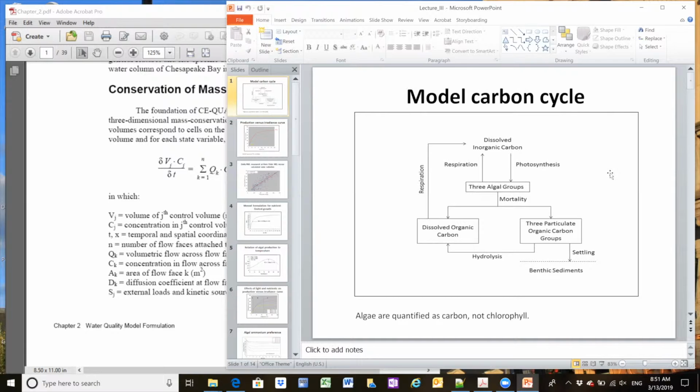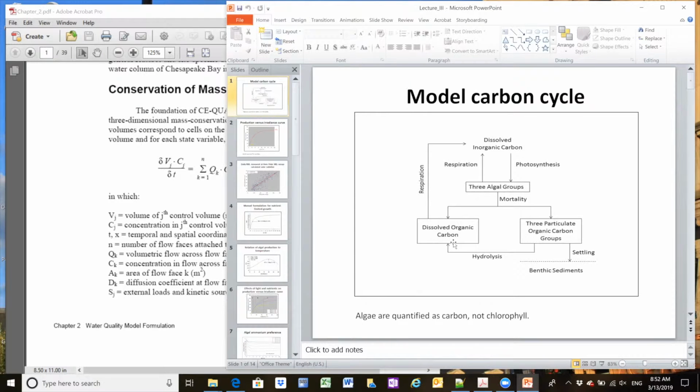So, for example, when algae die, they don't go to heaven, right? They go to dissolved organic carbon or particulate organic carbon. So mortality creates dissolved or particulate organic carbon. Particulate organic carbon undergoes a process we name hydrolysis. It dissolves effectively.